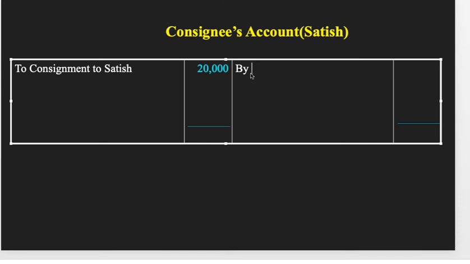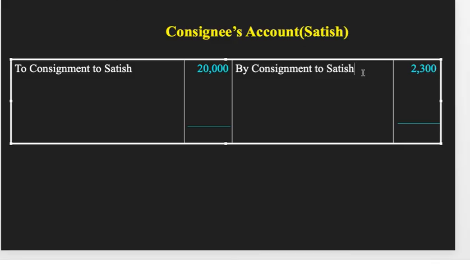And then we have here by consignment to Satish, these are the expenses which Satish has paid. How much is he paying in all the expenses? It is 2,300. Then there is a commission which we have calculated, which has totaled 2,500, that we are going to take here also.